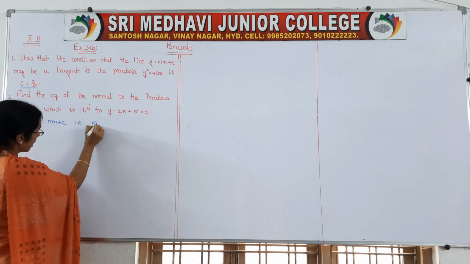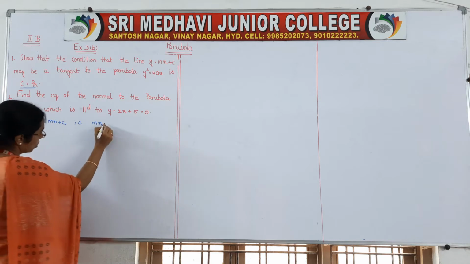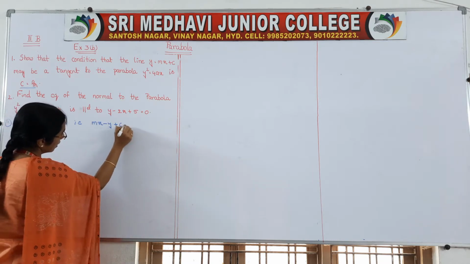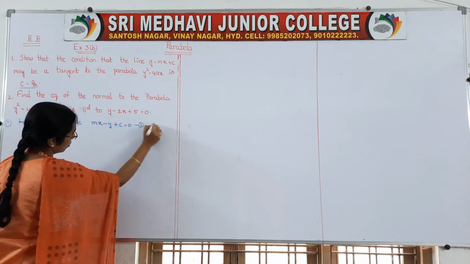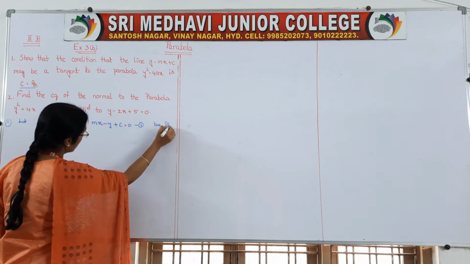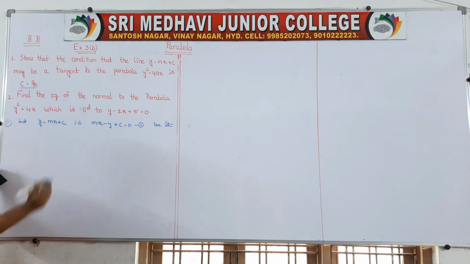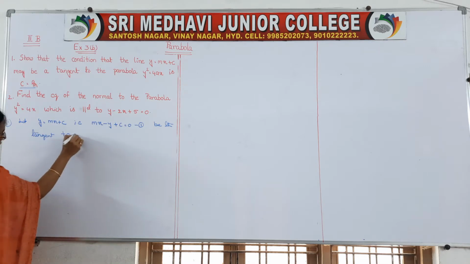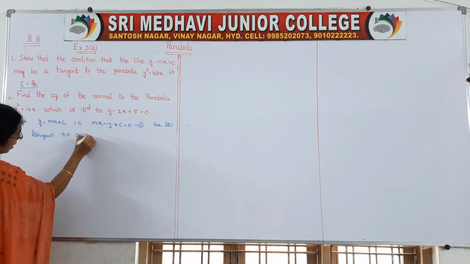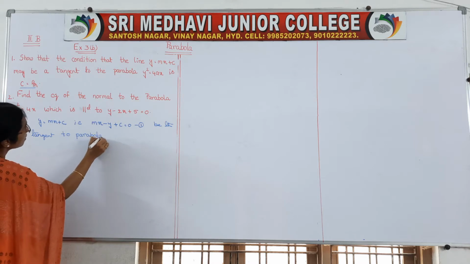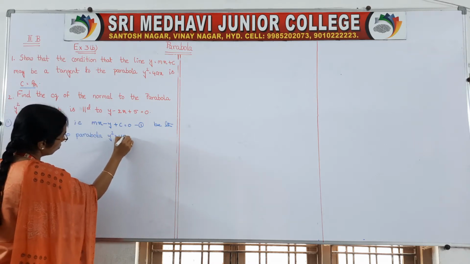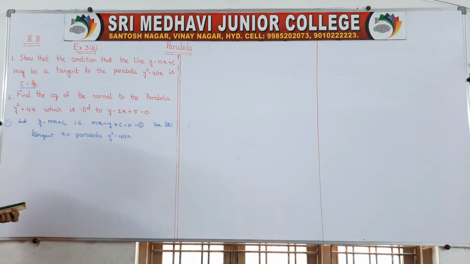So it is mx, sending y to this side, plus c is equal to 0, be the tangent to the parabola. What is that parabola? It is y square is equal to 4ax, right?